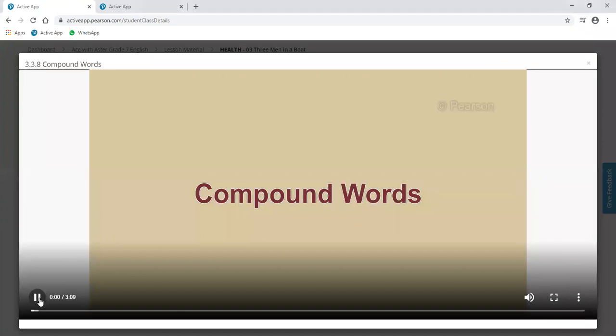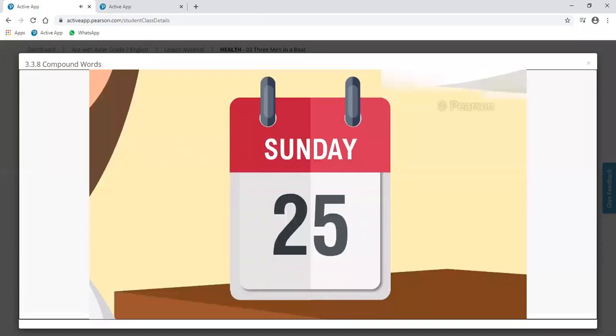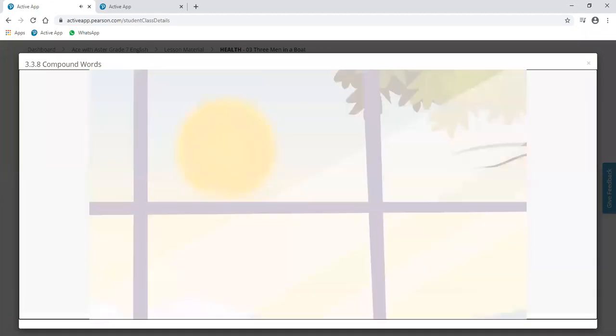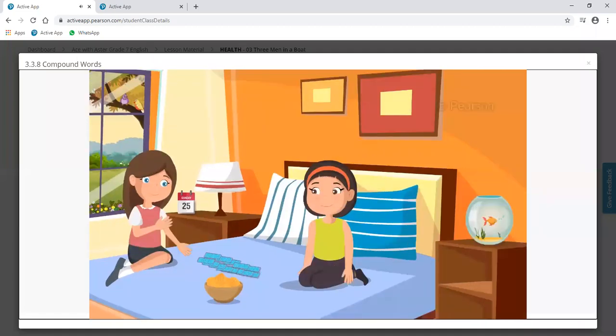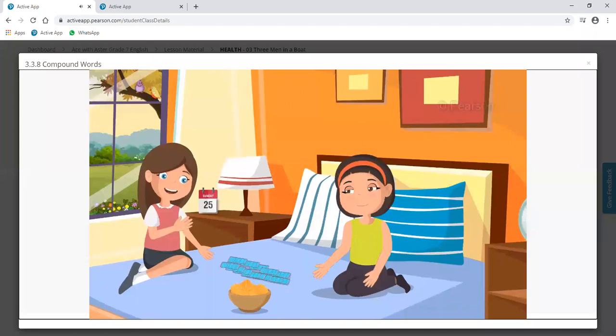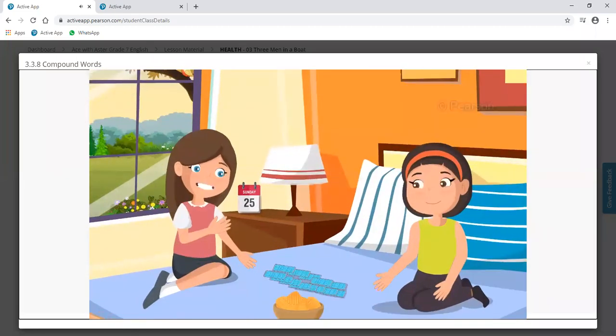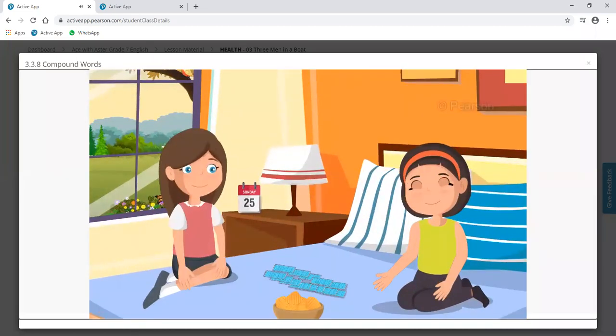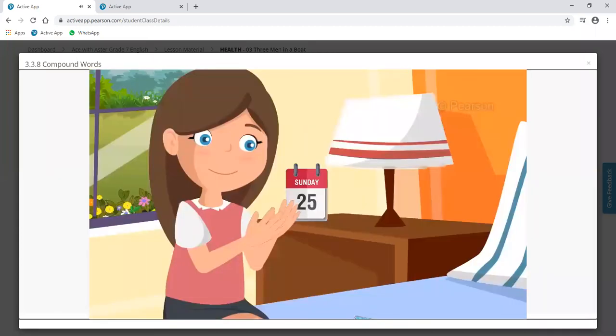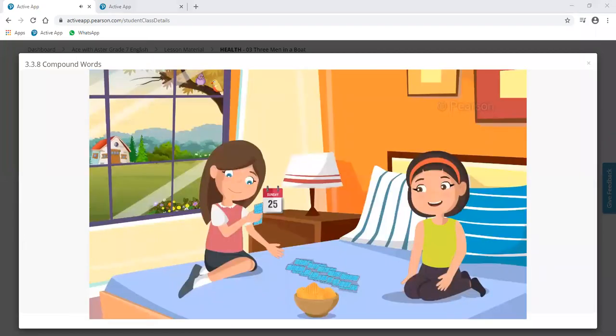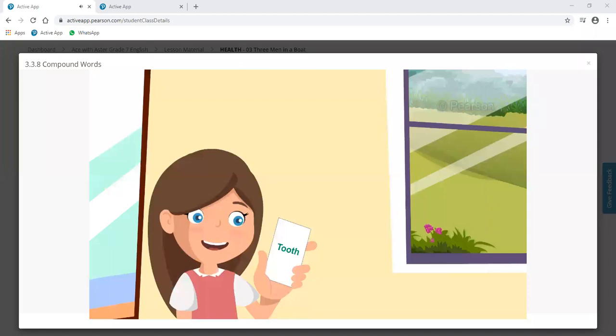Compound words. Hey Zoya, let's play the word game. We will pick cards and show the word on it, then make a new word using it. Oh, that's a good idea. Here we go. First word is tooth. So I will make the word toothbrush.